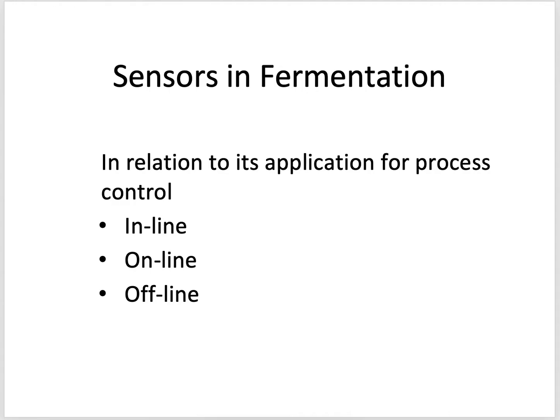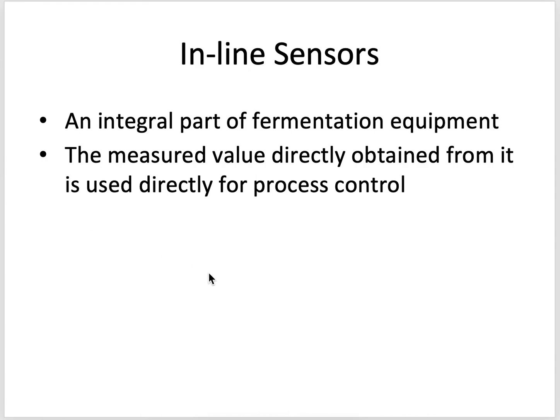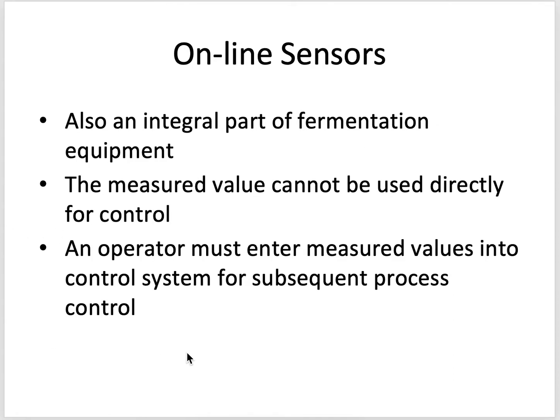Among these, the inline sensors are an integral part of fermentation equipment, and the value measured by this kind of sensor can be obtained directly and used directly for process control.